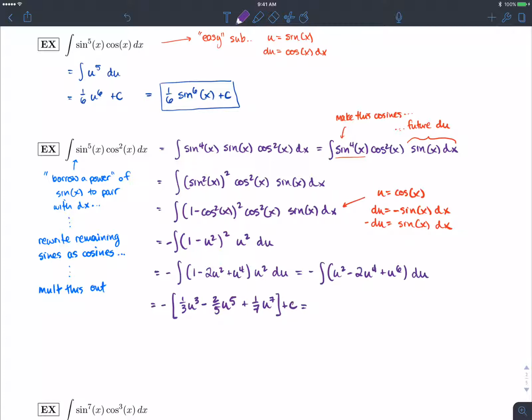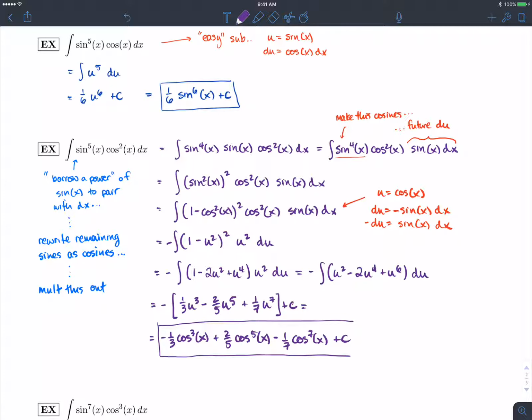And if we distribute that negative and we replace our u's with cosines, our final answer is going to be negative 1/3 cosine cubed x plus 2/5 cosine to the power of 5 of x minus 1/7 cosine to the power of 7x, and then plus c. And that gives us our final answer here.